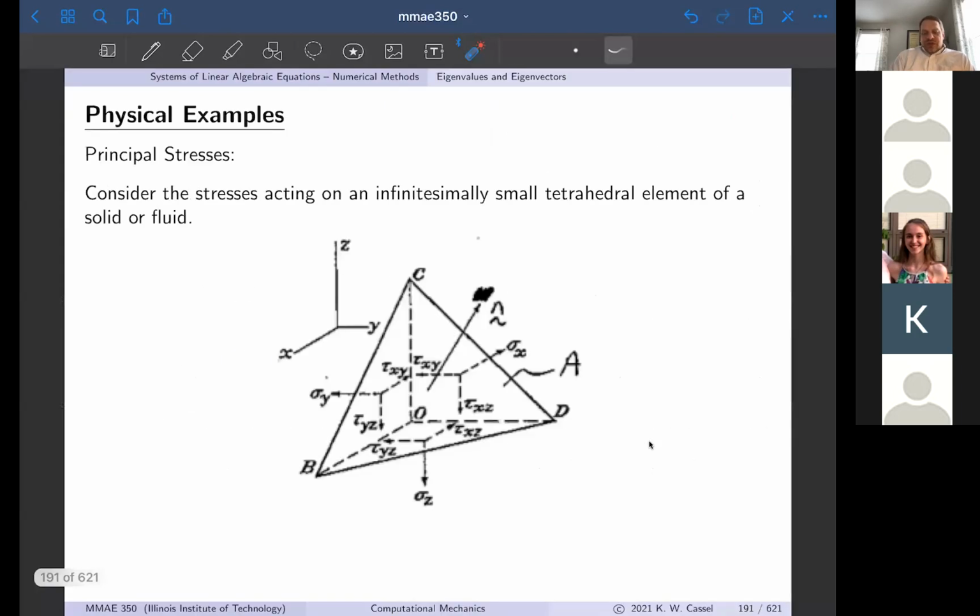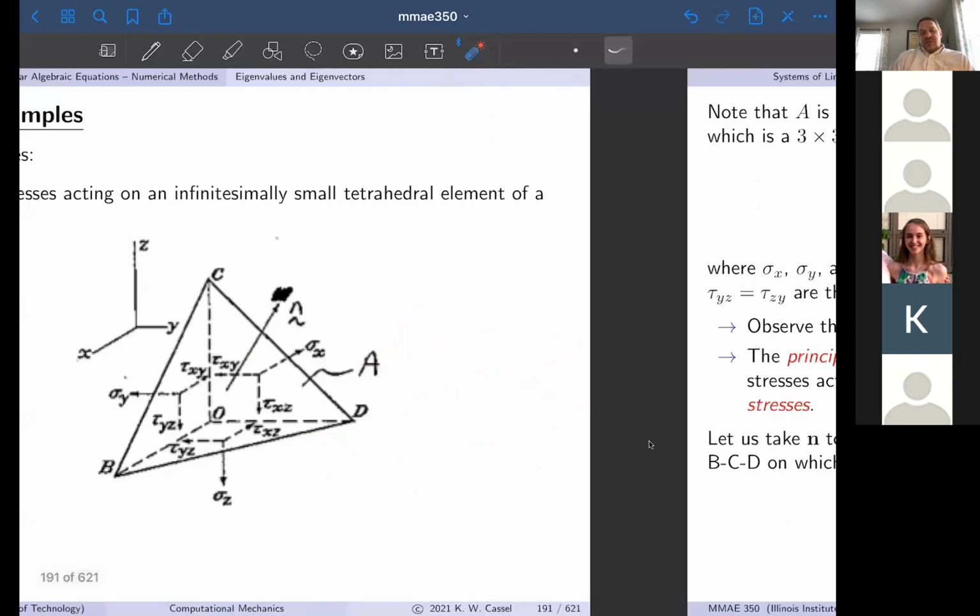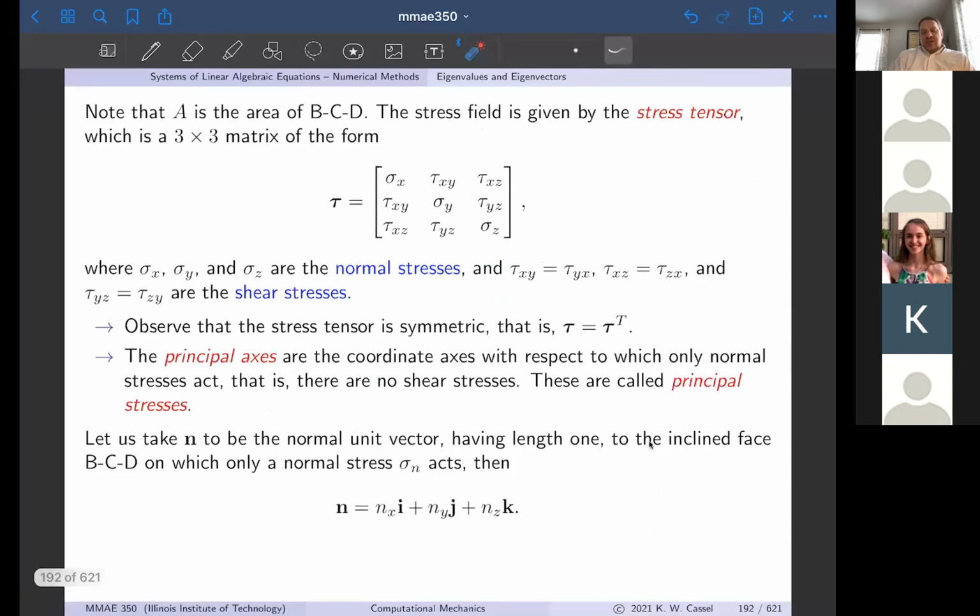So this face, this BCD face, has an area A, and it has a force in the normal direction to that face. It's on an oblique angle. That's sigma. And so the stresses then make up the stress tensor.